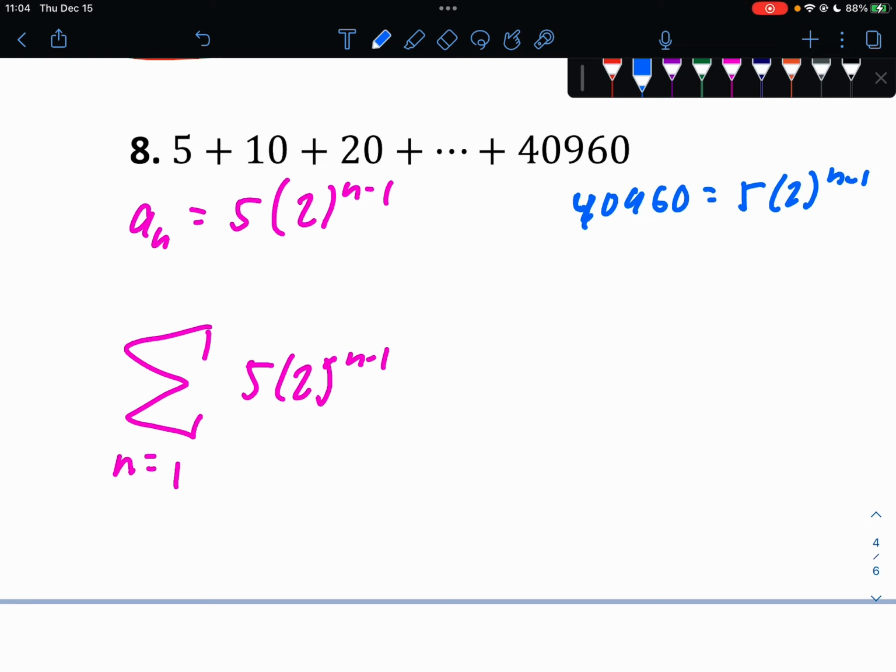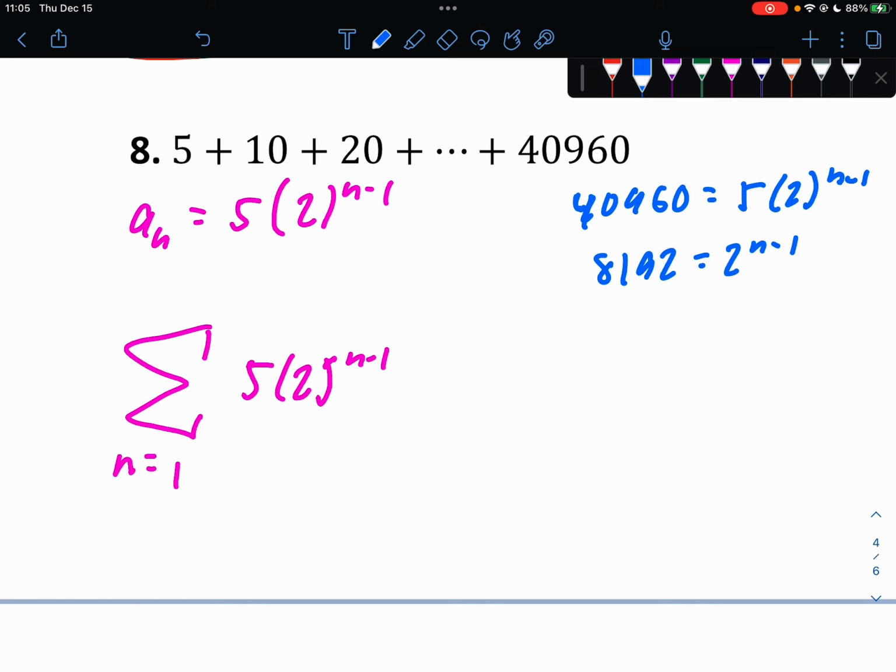All right, so if we divide 40,960 by 5, we get here. Now there is a method to solving this equation using logarithms, but we have not learned logarithms yet this year. So the best we can do is to start taking a guess. 2 to what power would give us that?